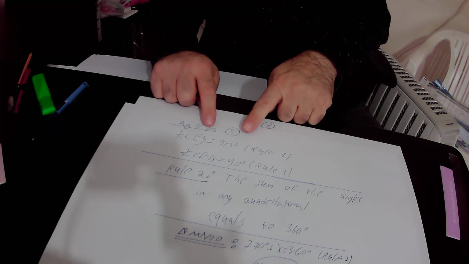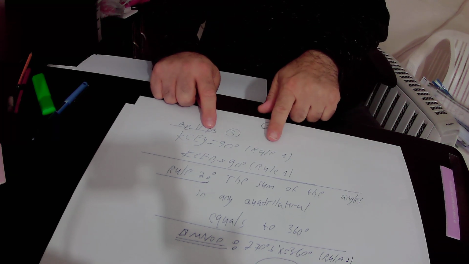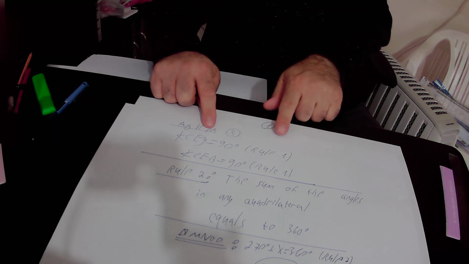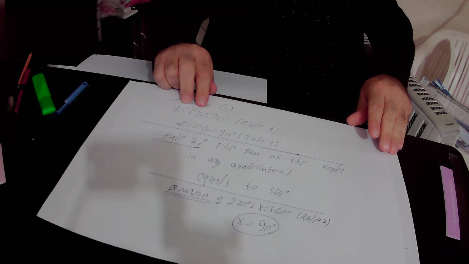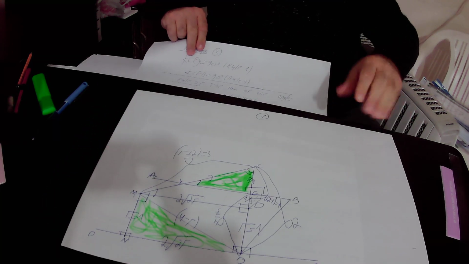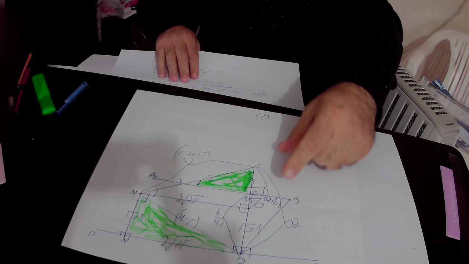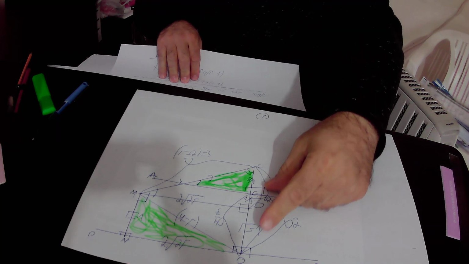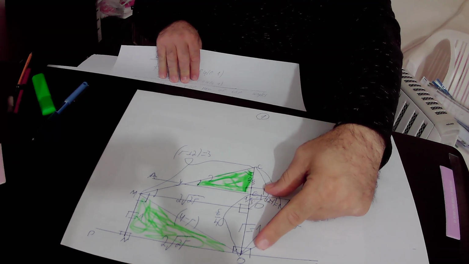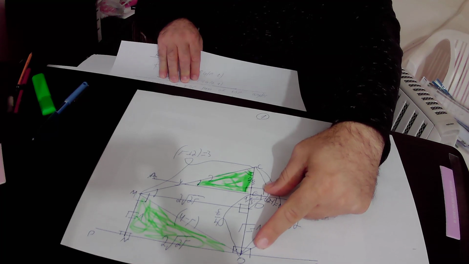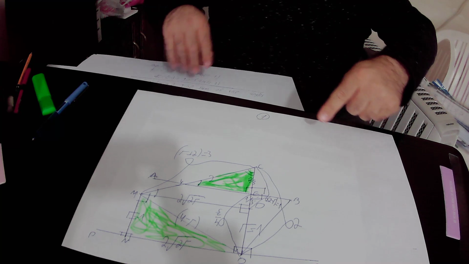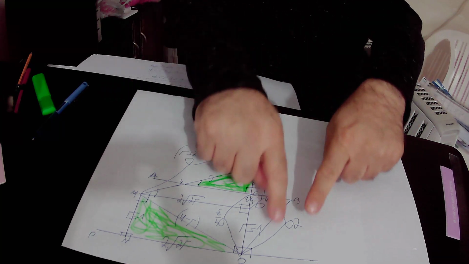We found out that angle CEY equals 90 degrees according to rule number 1. Likewise, those two angles are defined as corresponding angles, and they are located between the parallel lines AB and PQ.